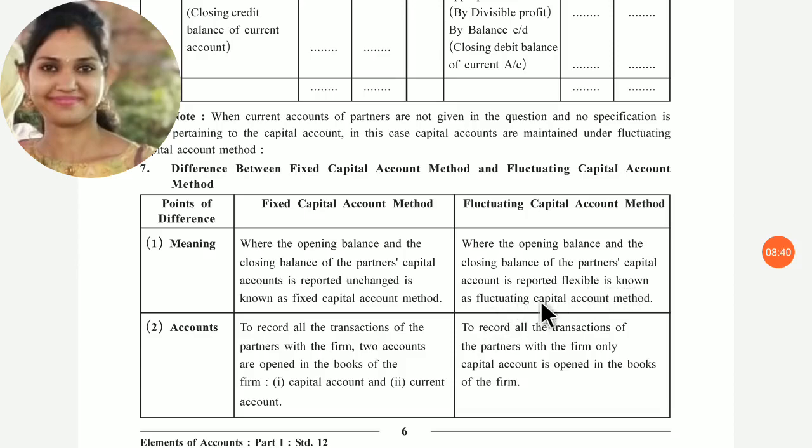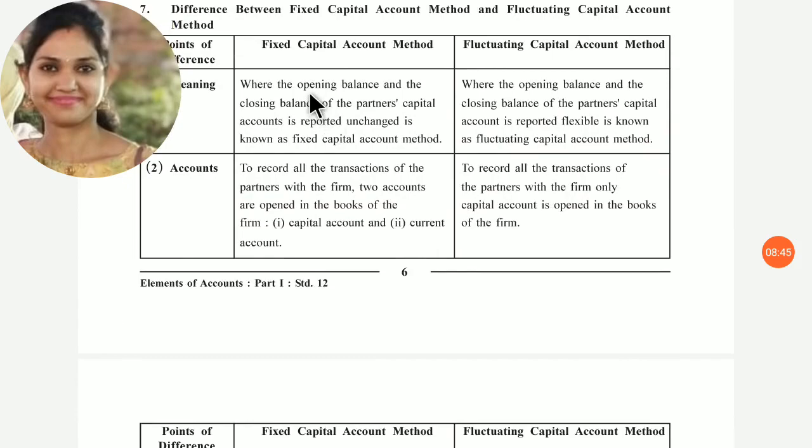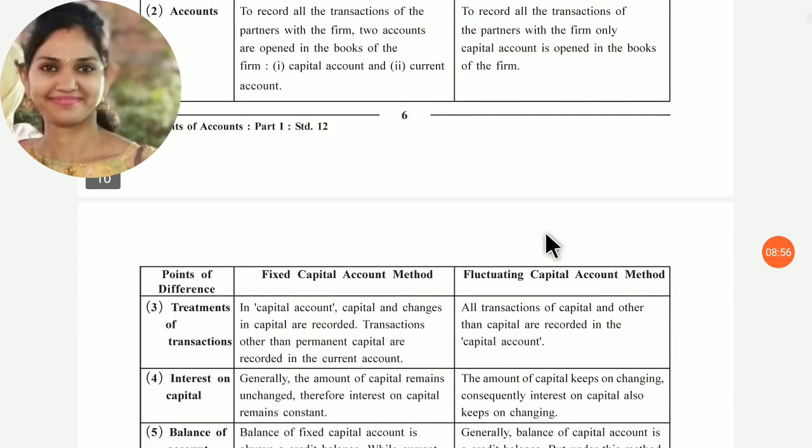Accounts: in the fixed capital account method we have to prepare two accounts, capital account and current account, and in the fluctuating method we have to prepare only one account, that is the capital account, right?